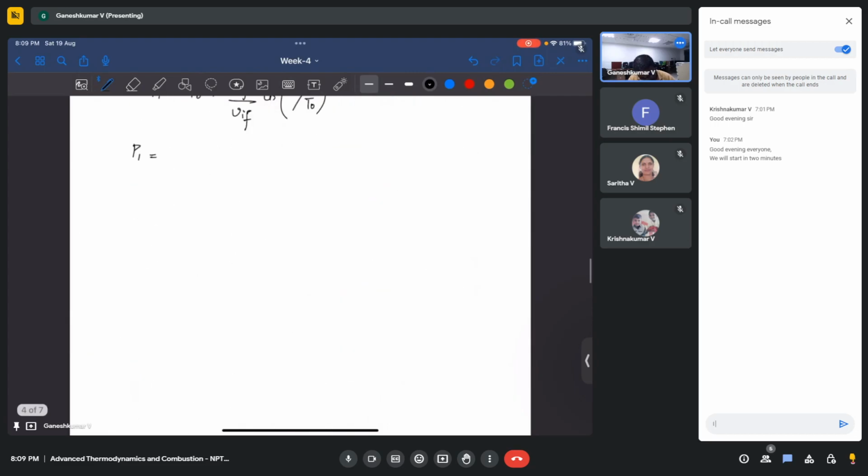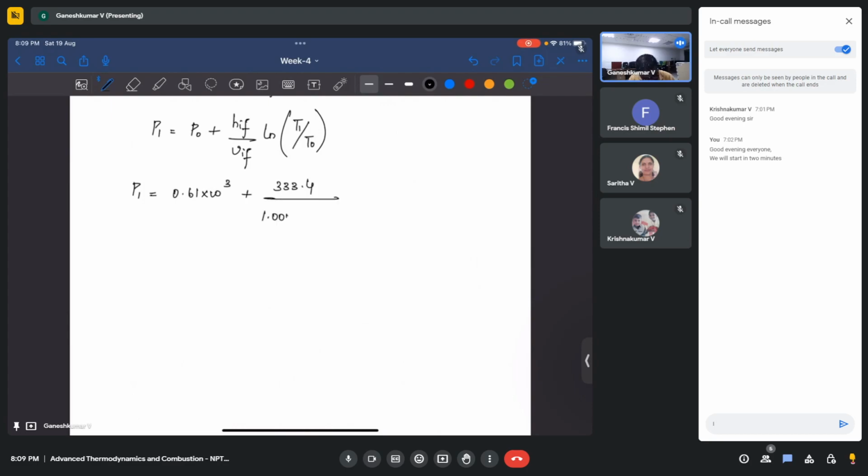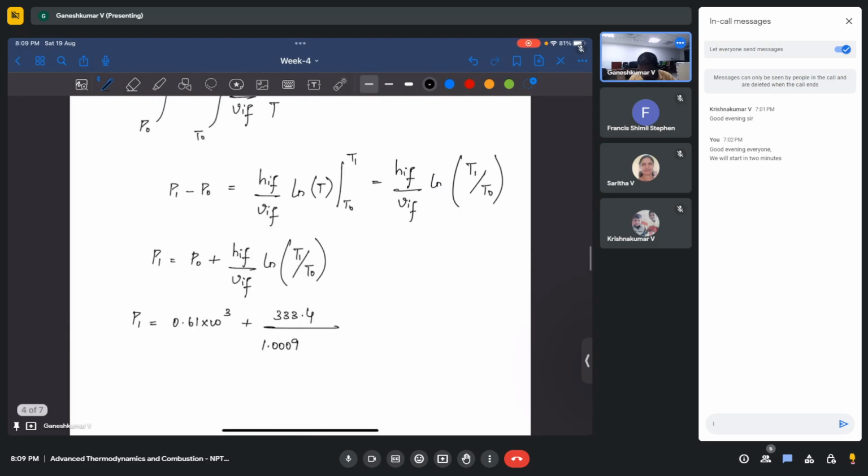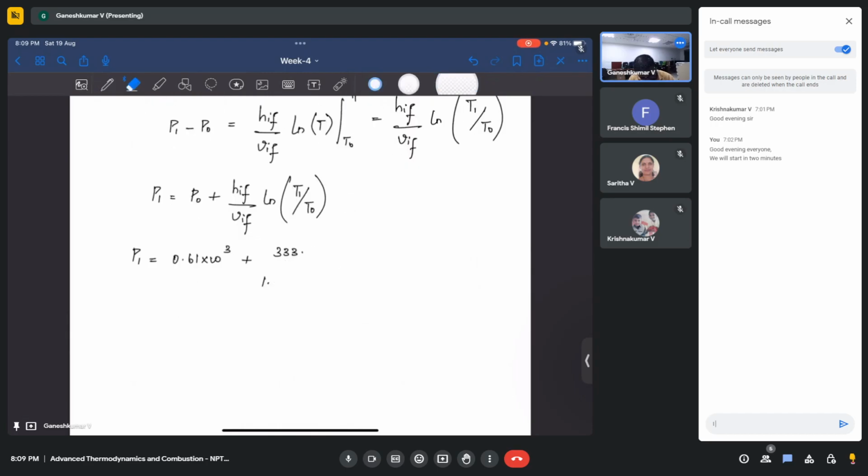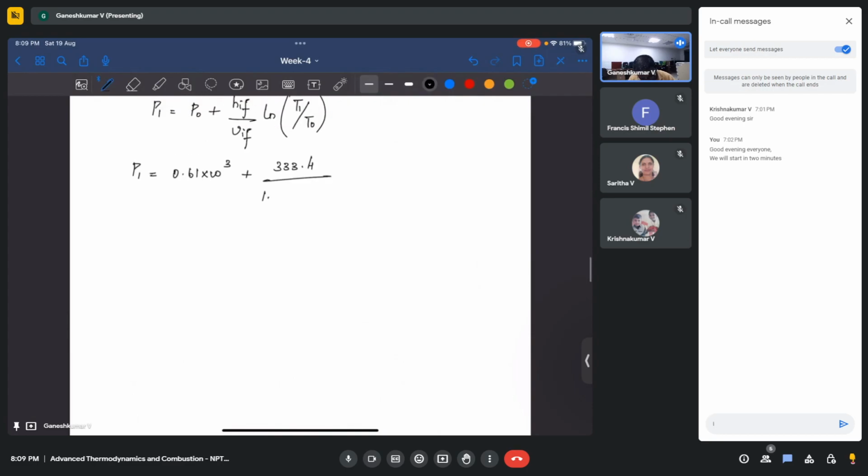So it's 0.61 kilopascal, which we can write as 0.61 into 10 power 3, plus 333.4 divided by 1.0002 into 10 power minus 3, and ln of T1 by T0, that is 271.15 divided by 273.15.